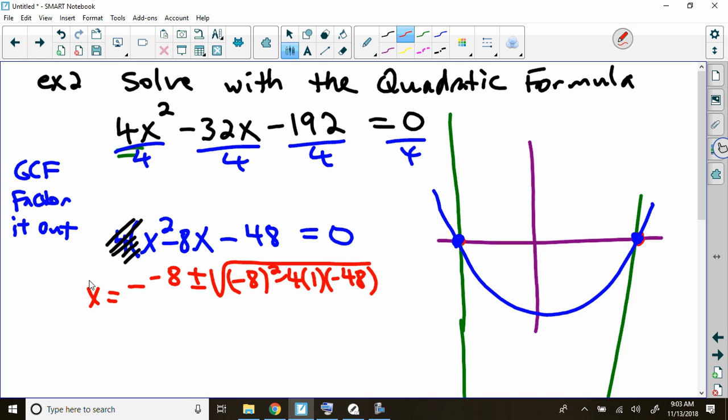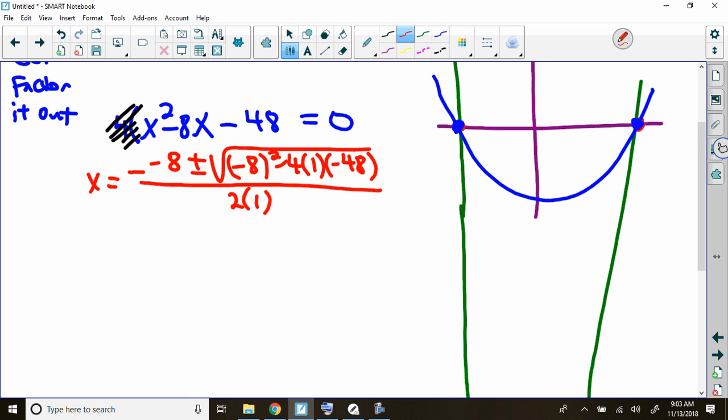Wow. So negative 8 squared is going to be 64. Kind of ran myself in a circle because earlier I divided 192 by 4 and ended up with 48. So 48 times 4 is 192. So I'm right back at 192.